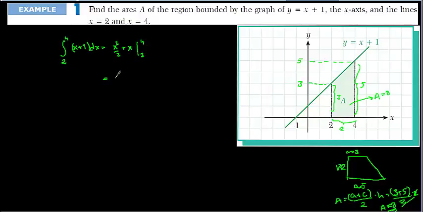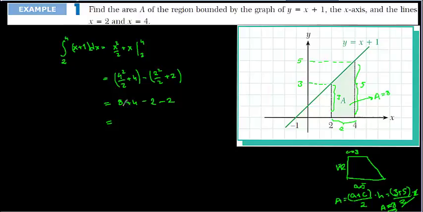That's equal to 4 squared over 2 plus 4, minus 2 squared over 2 plus 2. 4 squared is 16 over 2, which is 8, plus 4; minus 2 squared is 4 over 2, which is 2, plus 2.